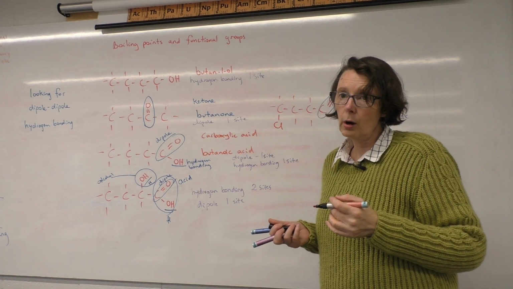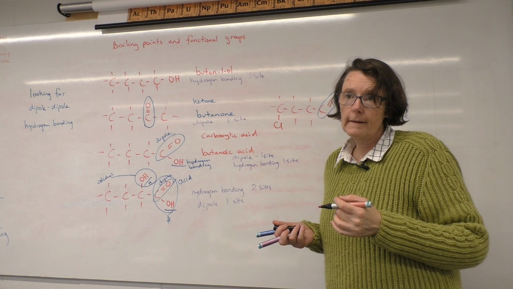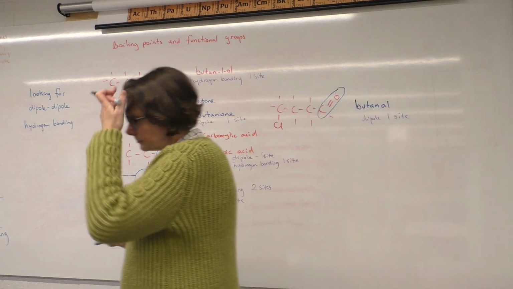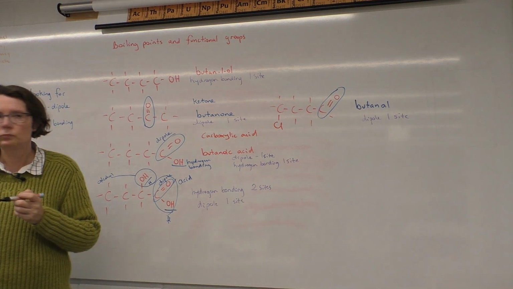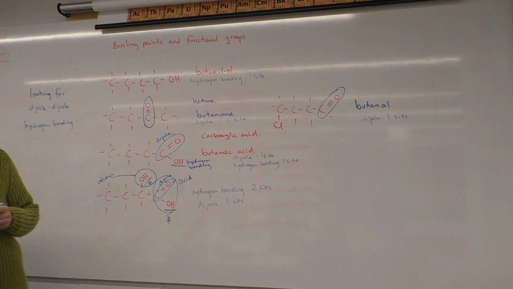That's going to be a dipole as well. Yeah. So would 2 dipoles on the end be greater than just 1 hydrogen bonding on the end? Now that's where it gets a little bit tricky.